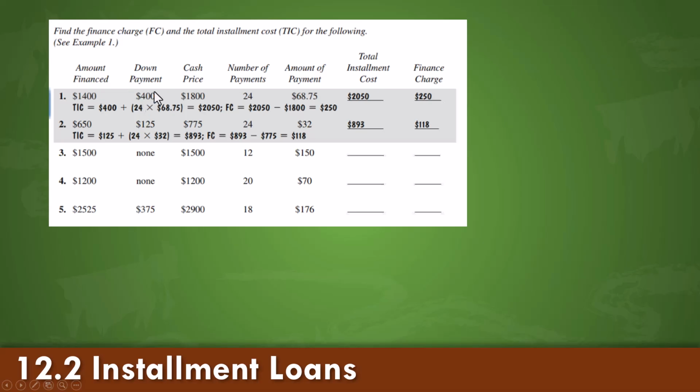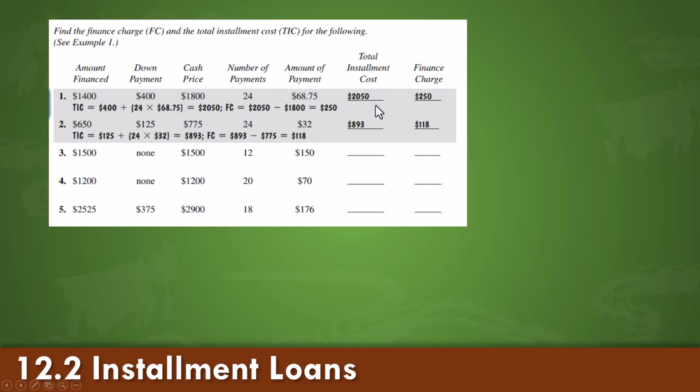We take the down payment and we add that to the number of payments times the amount of payments. Remember, order of operation, this must be completed first. This will give you, that's right, our total cost, in this case here, total installment costs.